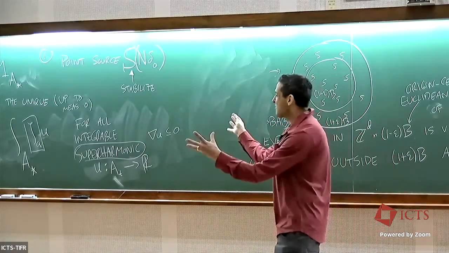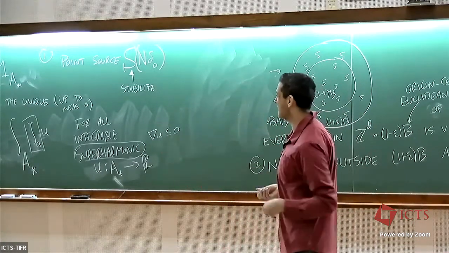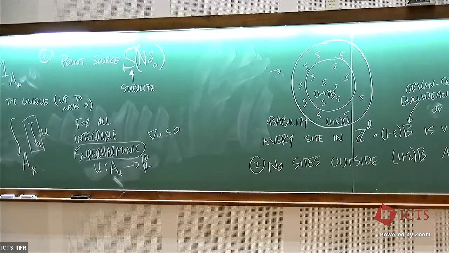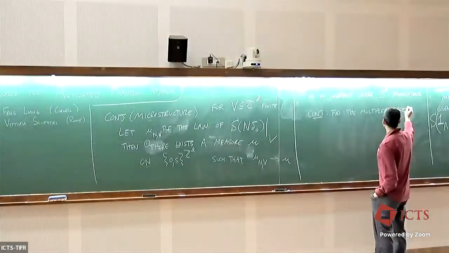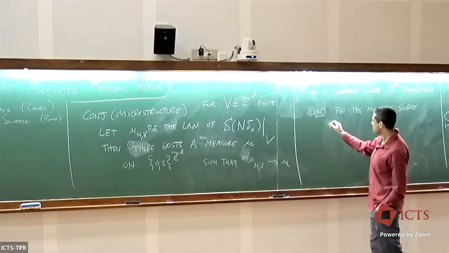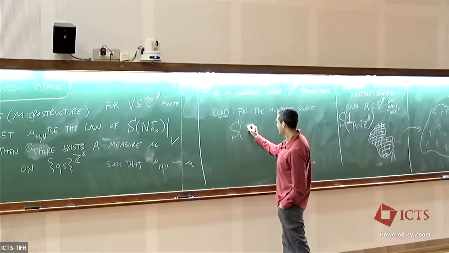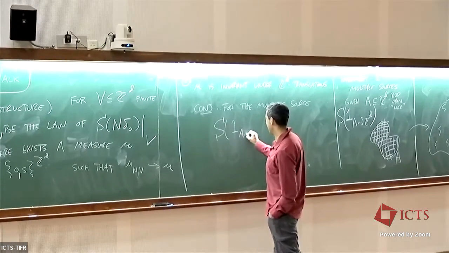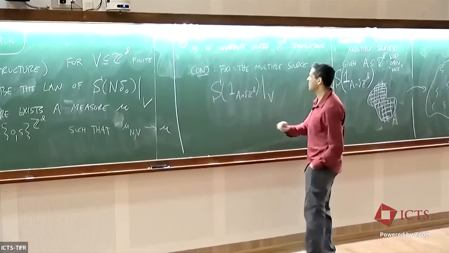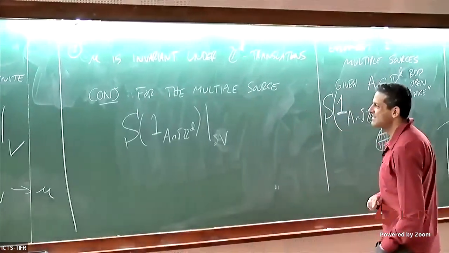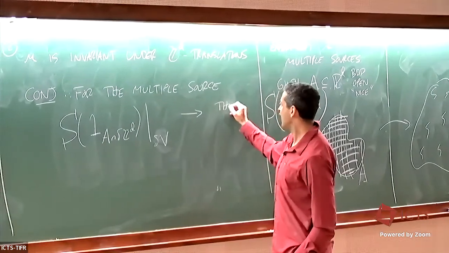Okay, so that's the macro structure that describes where your particles end up, and the microstructure should be the same. So in this setup, the conjecture for the multiple source: if you take this other condition, indicator of A intersect the lattice, stabilize, restrict to this finite window V, it has the same limit, the same.